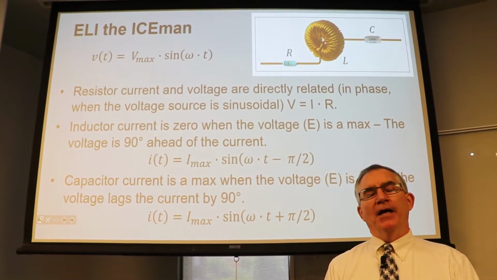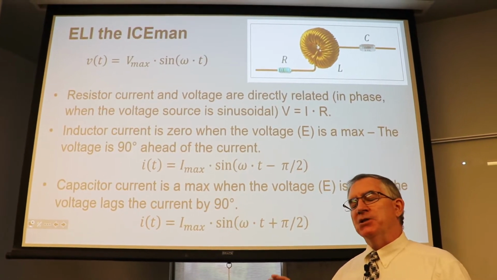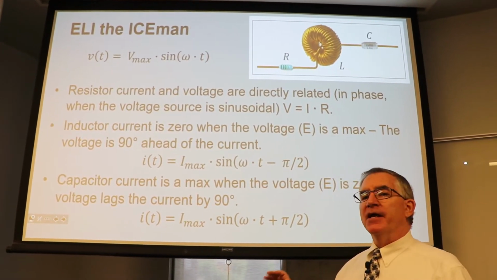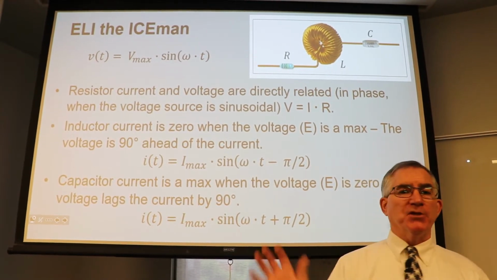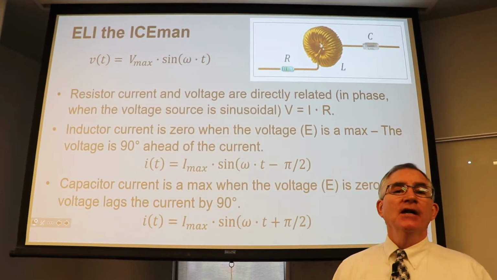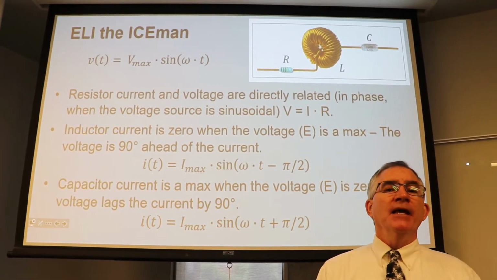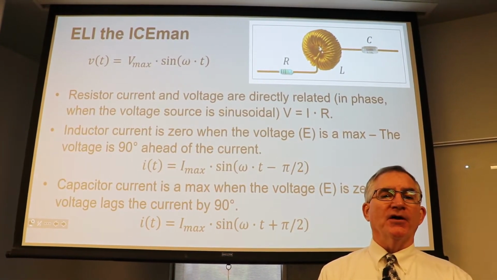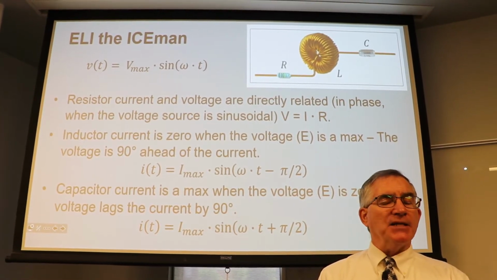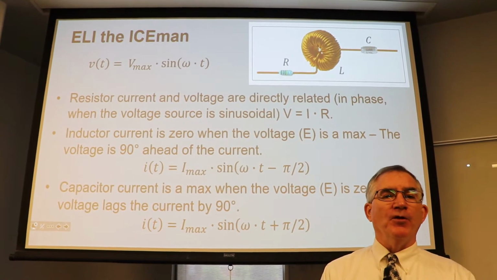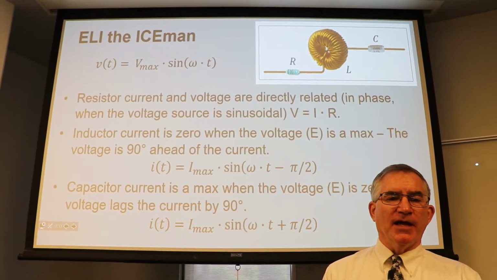Okay, now an inductor: the current is 0 when it has a maximum voltage. As you recall from Lenz's law, whenever you change the voltage, you're going to get a back EMF. So when you change the voltage drastically, there'll be a drastic change in the device, and it'll actually kill all the current. All the field in there is at a max, but there's no current flowing because there's the greatest change in magnetic field taking place.